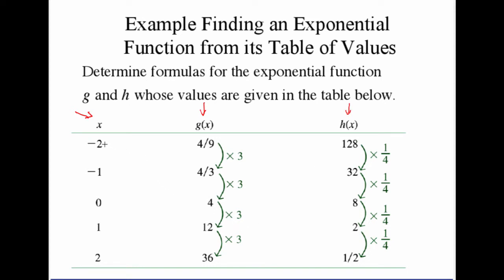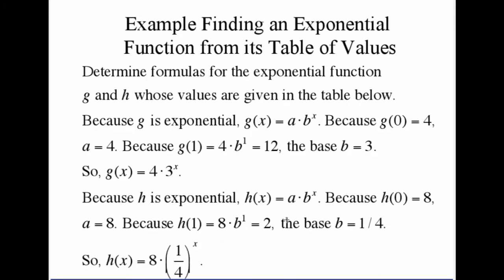As x increases by 1, the values of g are multiplied by a factor of 3. We can use that information to write an exponential function for g. If we look at h, the values of h are actually decreasing, by a factor of 1/4. So how do we take that information and write a model?